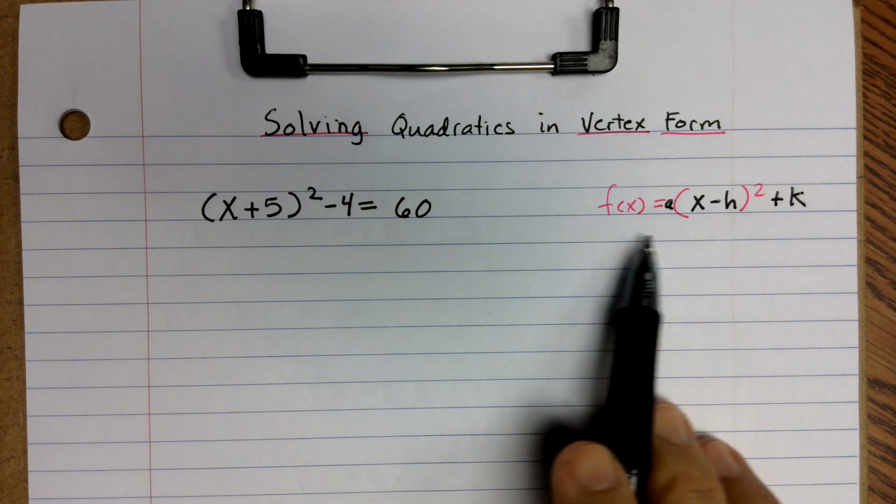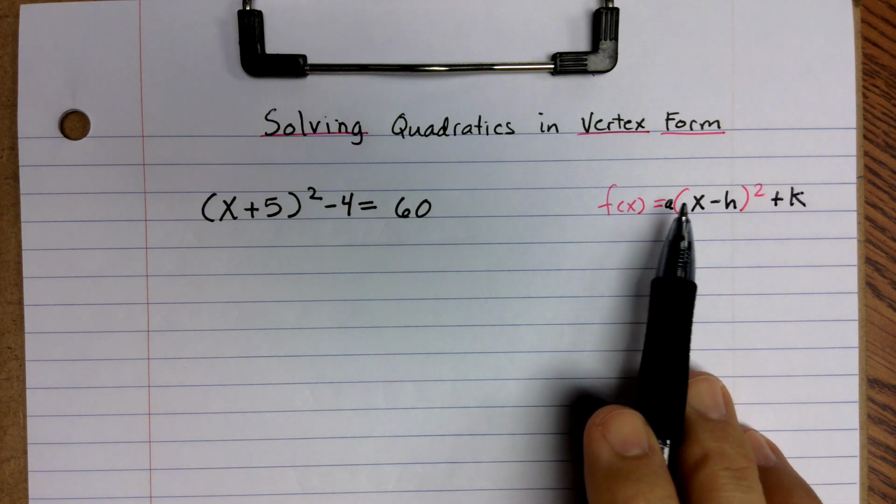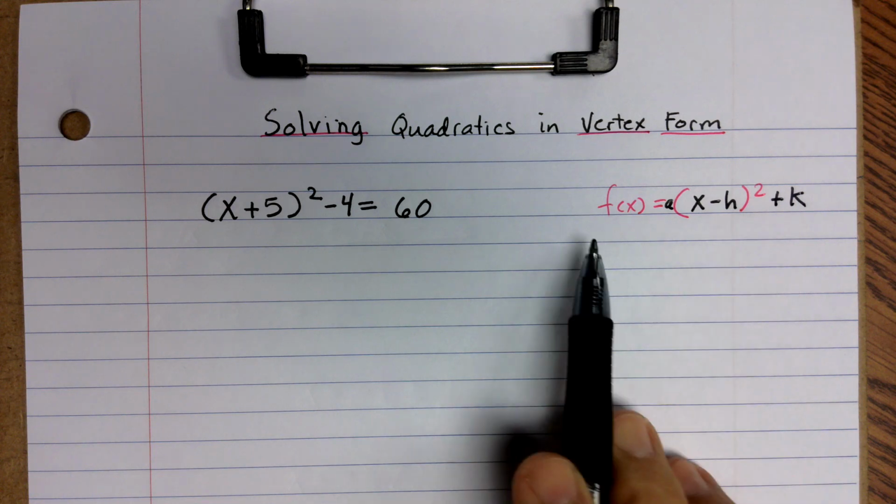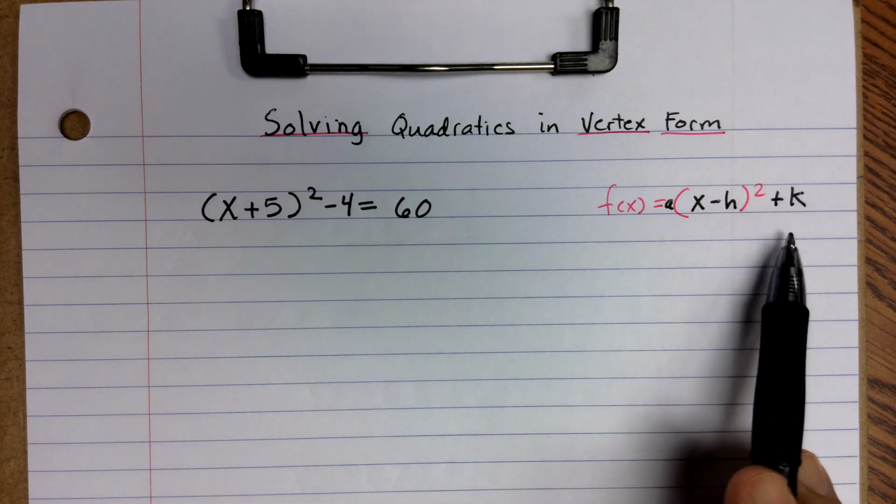Now this is what we call vertex form here, and it could be y equals a times x minus h squared plus k as well. But that is your vertex form.